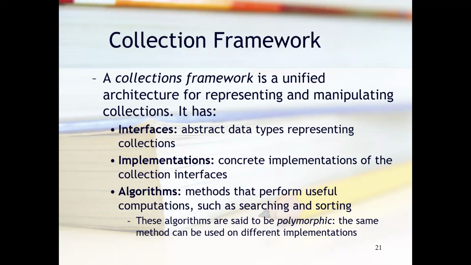Under collections in Java, a group of individual objects is represented as a single unit, as a Java collection of objects. The collections framework was introduced in, I think, Java 1.2, or before Java 1.5.